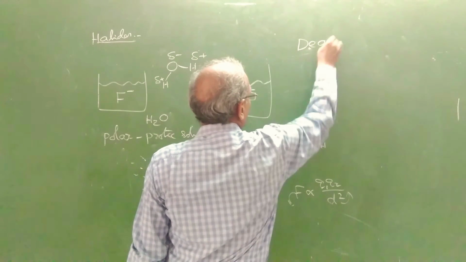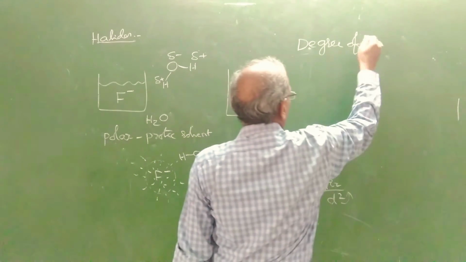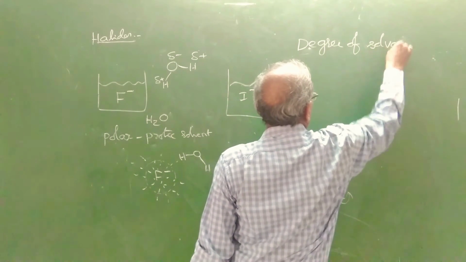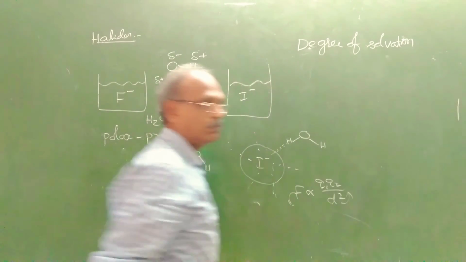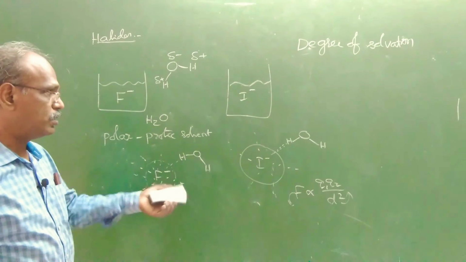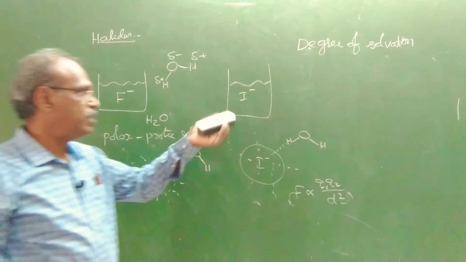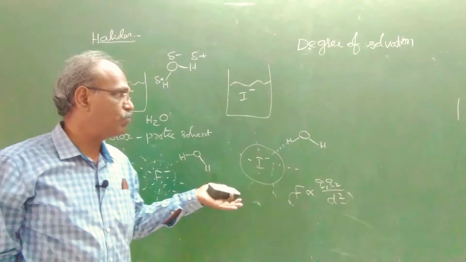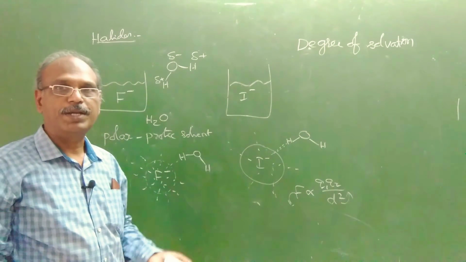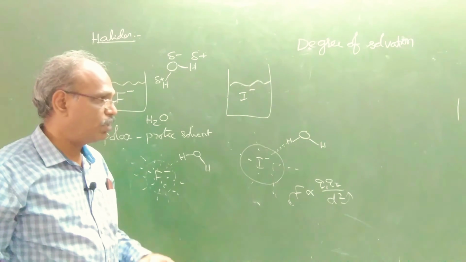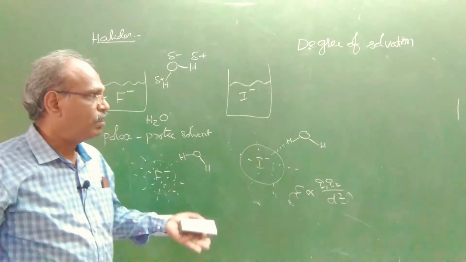Therefore, in general, in terms of solvation: if the solvent is water, it is called the degree of hydration. If the solvent is ammonia, it is the degree of ammoniation, like that.